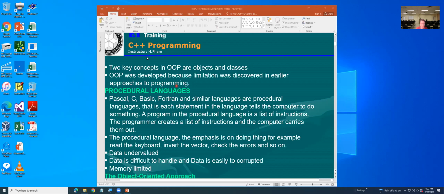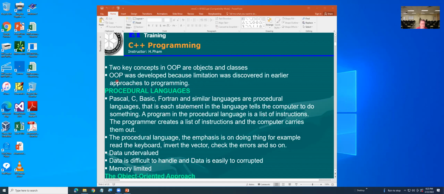Okay? So that's what we call C++ programming. And these are two key concepts: OOP, objects, and classes.